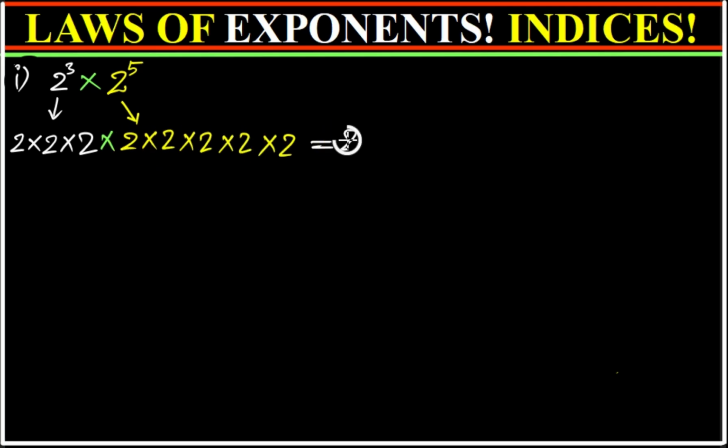So we can directly write 2 raised to the power 8, meaning this 2 is multiplied repeatedly 8 times. If we multiply 2 raised to the power 3 into 2 raised to the power 5, it will be equal to 2 raised to the power 8.